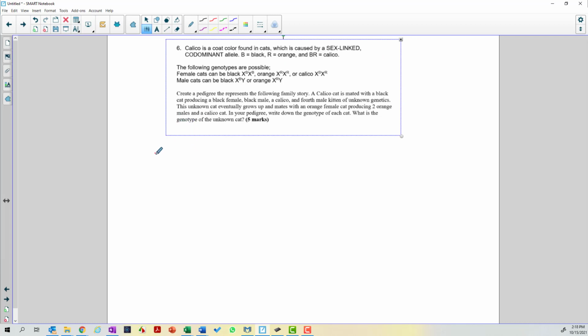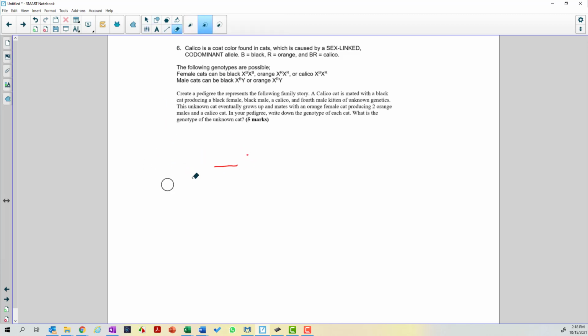So a calico cat, so we know a calico cat is going to be a combination, the co-dominant combination here, is mated with a black cat. Let's just do this. Understand? Okay. So I have a calico cat mated with a black male. I'll identify these. So X^B X^R, and X^B, that's a double X, BY.